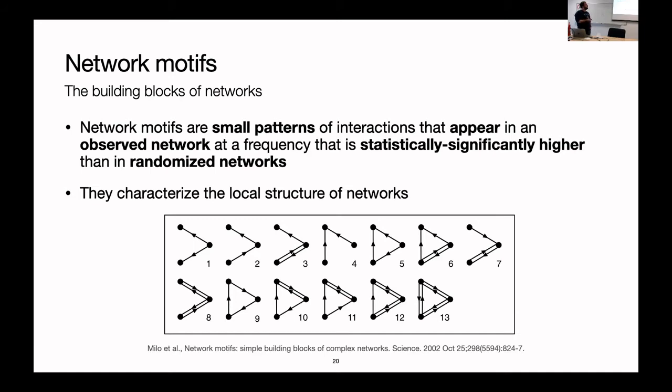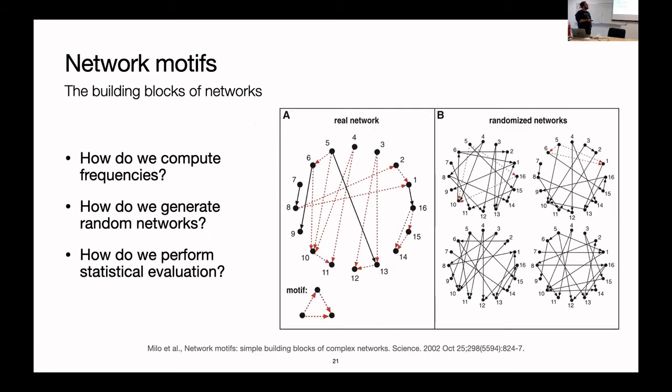And why do they characterize the local structure of networks? Because we are dealing with small patterns, and if we find that they occur a lot in networks, they probably have some meaning for the functionality of the networks. So probably they are important. The idea is that we have a pattern and an observed network. We count how many times this pattern occurs in this real network.